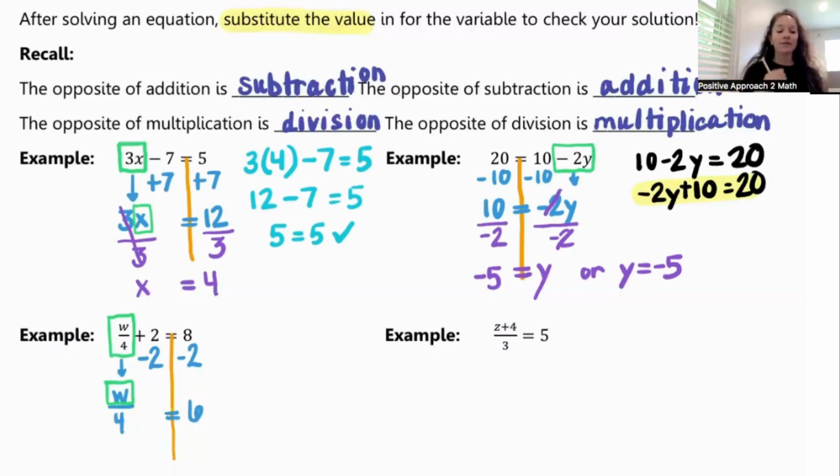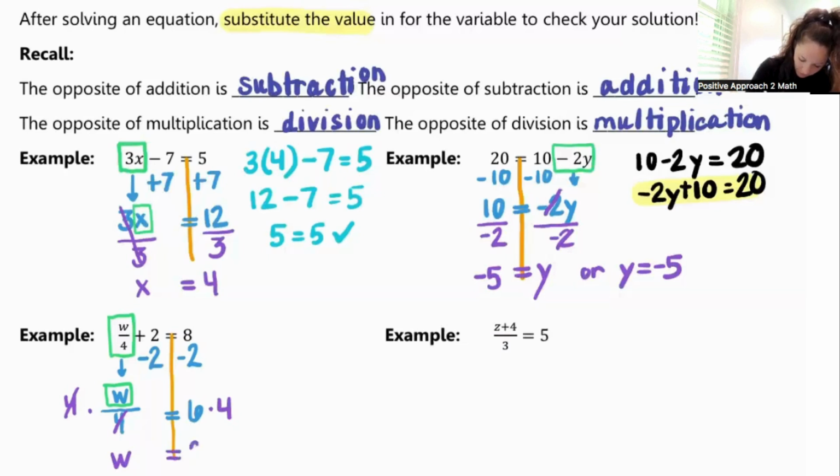What's happening on the outside is it's currently being divided by 4. So we want to do the opposite of division, which is multiplication. So we're going to multiply by 4. What we do on one side, we must do on the other to keep it balanced. That's going to leave us with W, and 6 times 4 will leave us with 24.